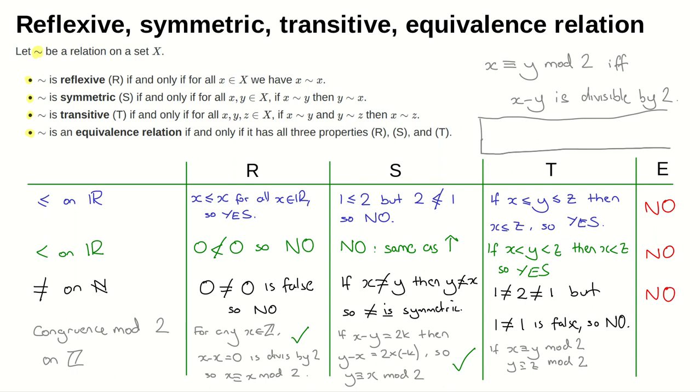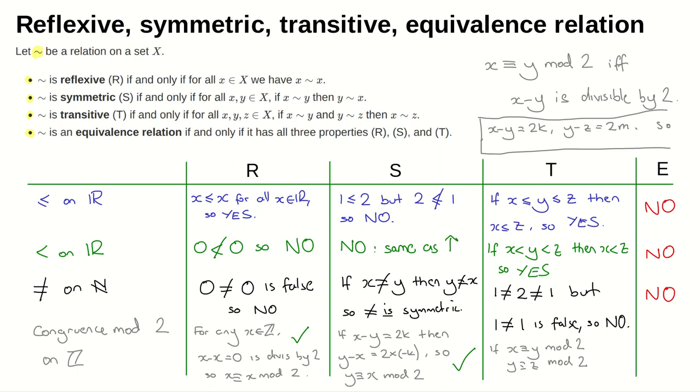We're assuming x is congruent to y mod 2. So that means that x minus y is equal to 2 times k for some integer k. And similarly, we're assuming y is congruent to z mod 2. So that means that y minus z is also an even number. It's also divisible by 2. So let's say 2 times m.